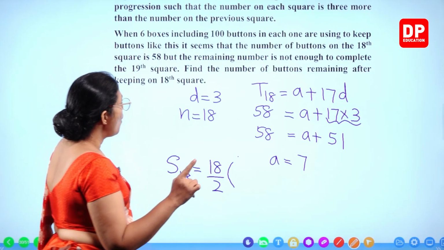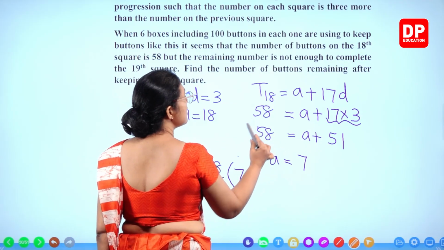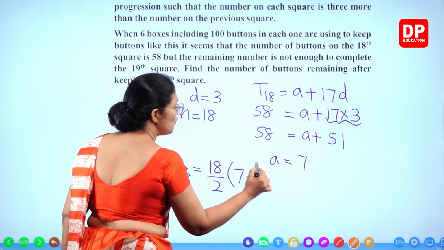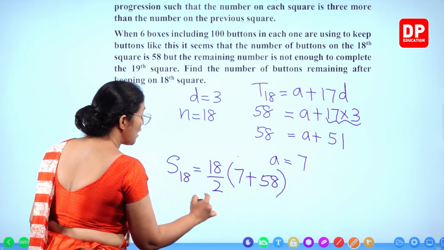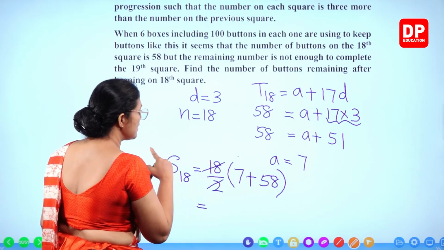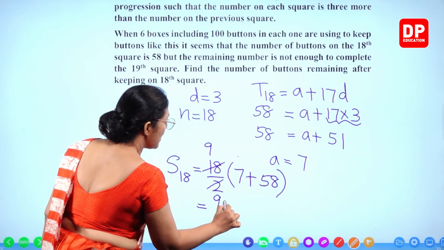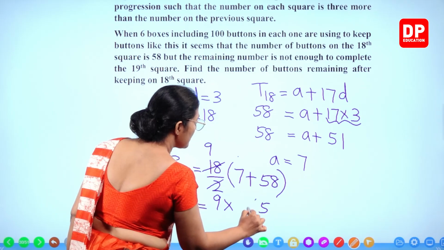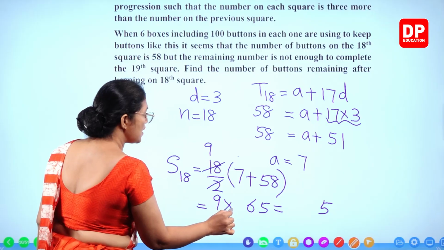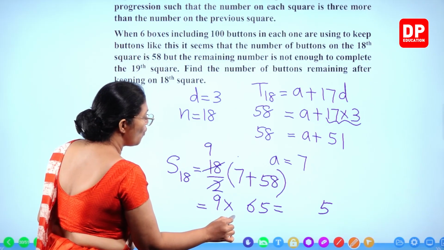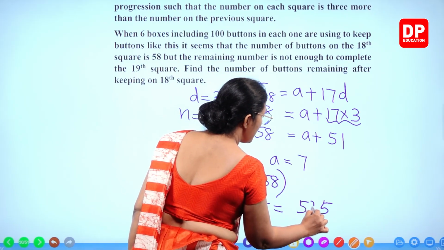Because we know first term is 7 and the last term, that's 18th square filled with 58 buttons. So when you use that, you can find out the total number of buttons for all 18 squares. So 9 times 65. 9 times 5, 45, 4 remain. 9 times 6, 54. 54 plus 4, 58, 585.